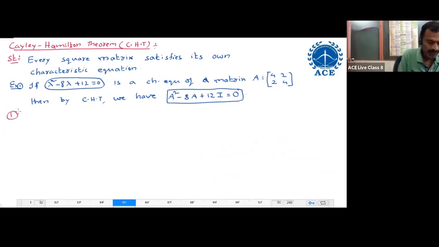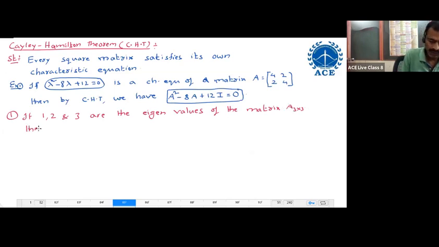Right, next problems on this. The first problem. If 1, 2, and 3 are the eigenvalues of the matrix A, 3 by 3, then 6 A inverse equal to: option A, A square plus 6A minus 11I.